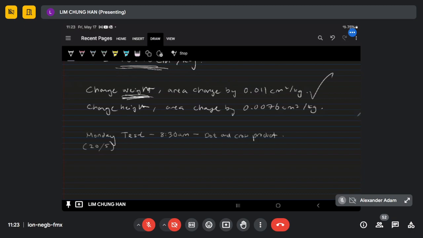On dot and cross product. Vectors in general. You need to know how to convert coordinates to vectors. And then you need to know how to do dot product. You need to know how to do cross product as well. And maybe you need to know how to find unit vectors.